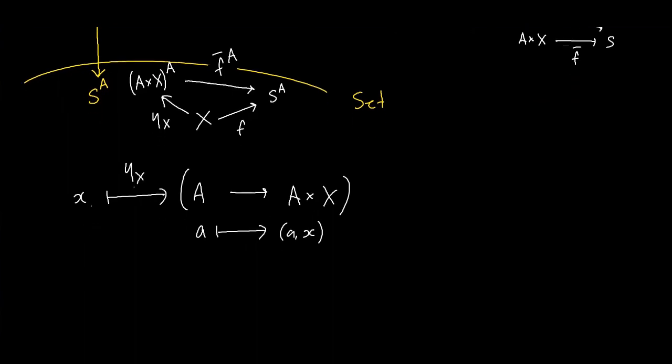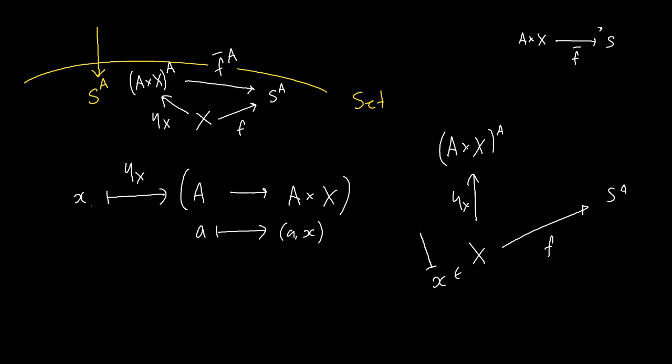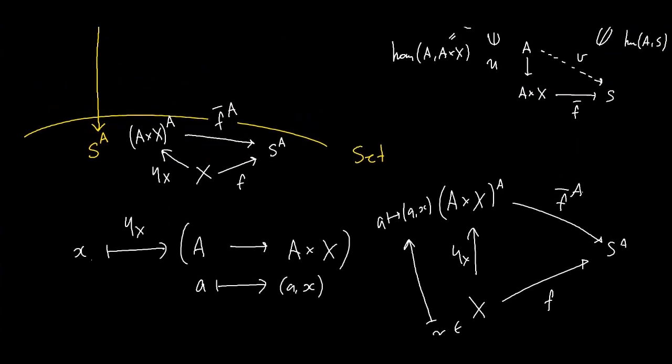Okay. So now we want to analyze what is commutativity of this triangle. Let me draw it separately here. And now if I begin with a small element x, I know where it will map to. It will map to that mapping of A to A comma x. And then I apply f bar to the power A. But remember that just composes the thing with f bar.